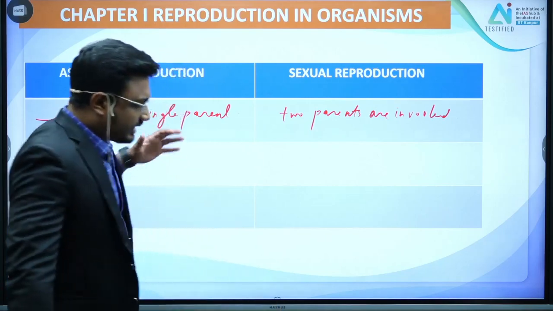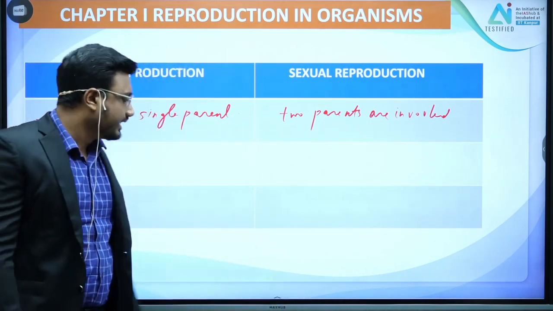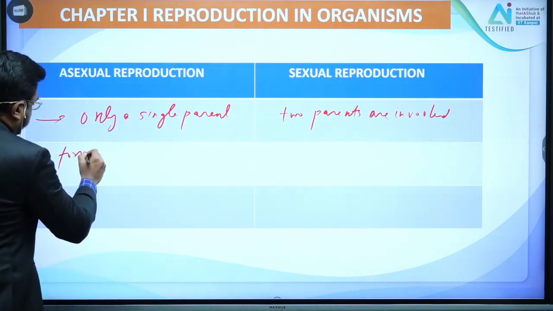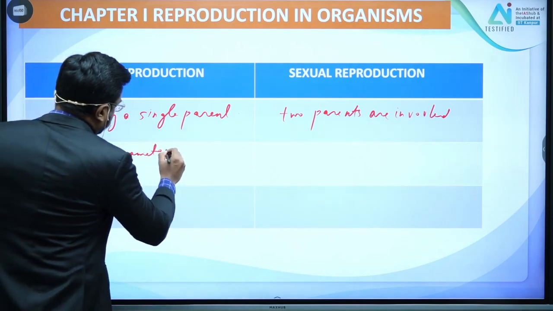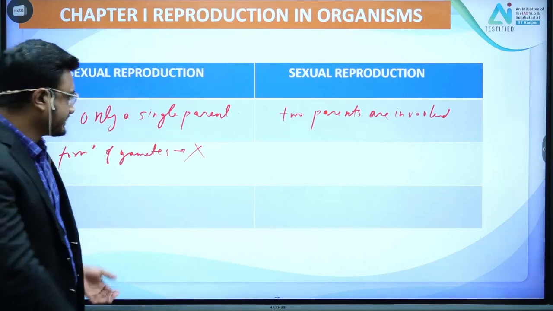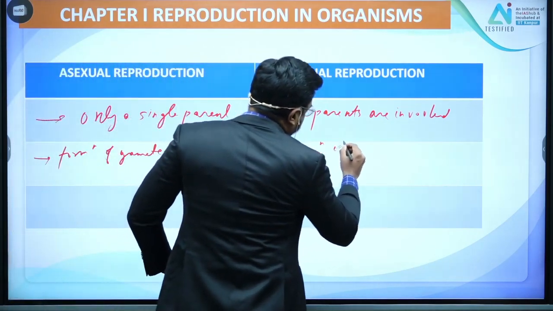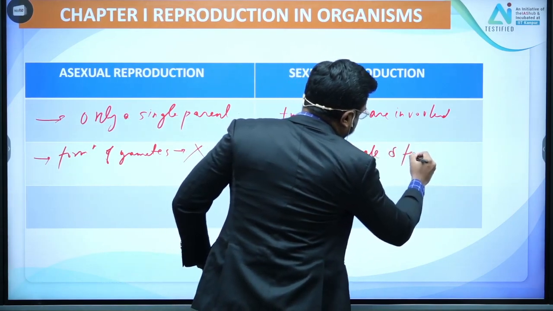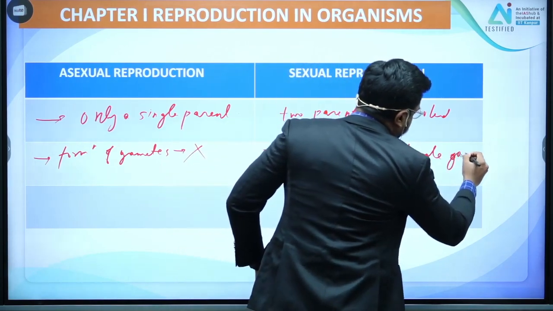Another major difference is that the formation of gametes doesn't happen in asexual reproduction, whereas the formation of male and female gametes takes place in sexual reproduction.